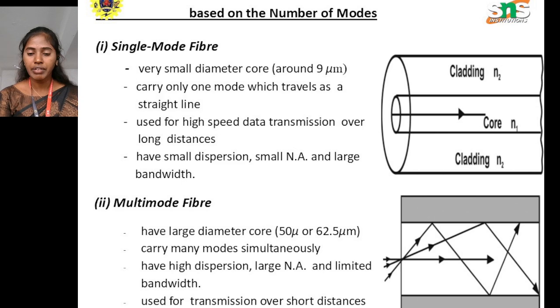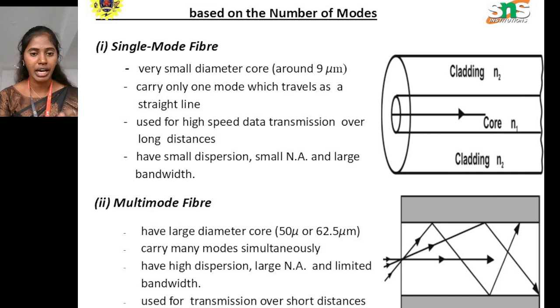The core refractive index and the numerical aperture value are less compared to multimode fiber. In multimode fiber, the numerical aperture value is very high. In single mode fiber, the numerical aperture value will be less because it allows only one mode of propagation.